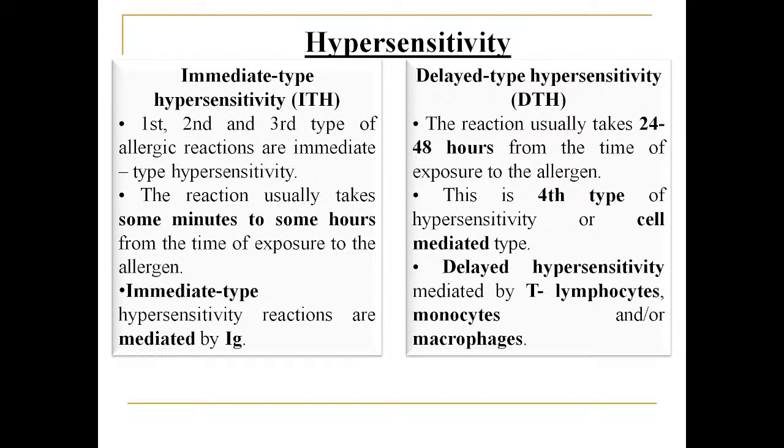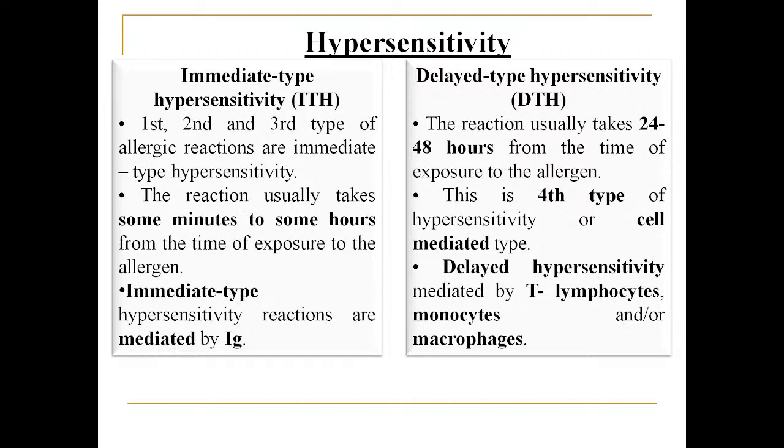For example, in type 1 anaphylaxis, it takes about 2 up to 10 minutes after exposure to the allergen. Immediate type hypersensitivity reactions are mediated by immunoglobulins: IgE, for example, in type 1, IgG in type 2.